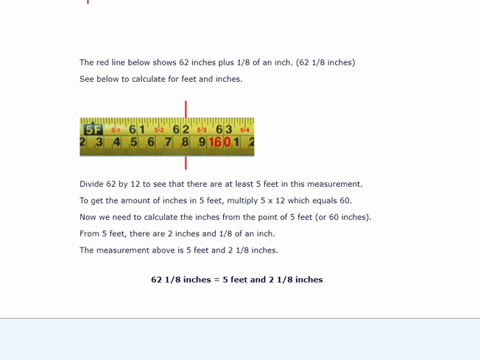Now we need to calculate the inches from the point of 5 feet, or 60 inches. From 5 feet, there are 2 inches and 1/8 of an inch. The measurement above is 5 feet and 2 1/8 inches. So 62 1/8 inches equals 5 feet and 2 1/8 inches.